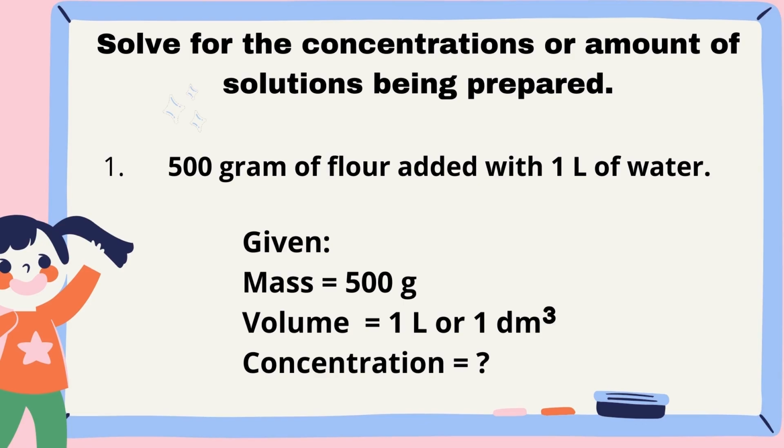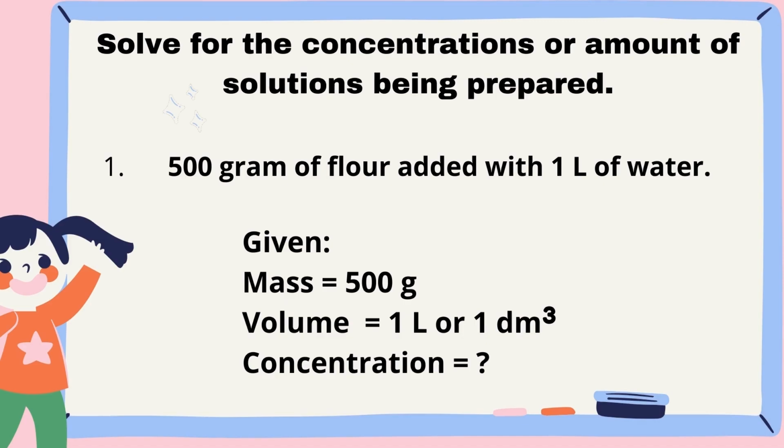For learning task number 4, solve for the concentration or amount of solutions being prepared. Number 1. 500 grams of flour added with 1 liter of water. The given are mass is equal to 500 grams, volume is equal to 1 liter or 1 cubic decimeter, and concentration is unknown.